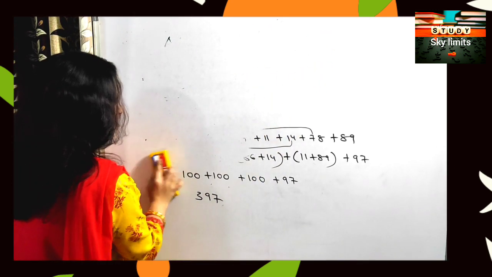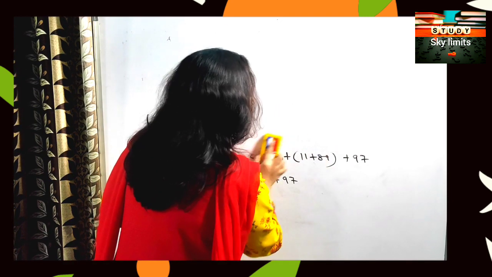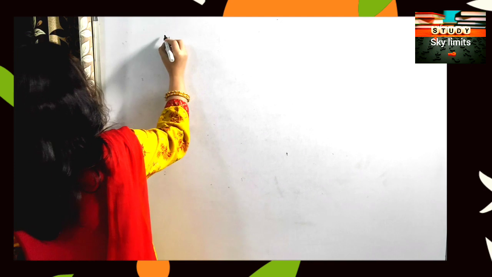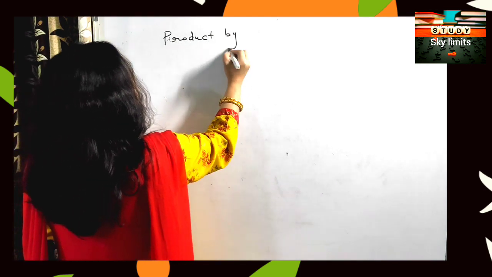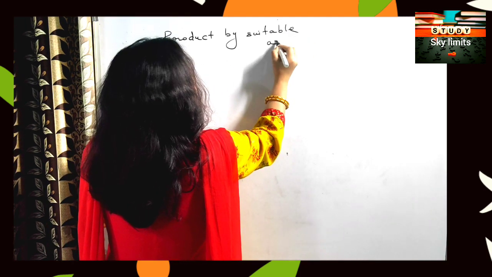That is multiplication by suitable arrangement. There you will use the associative property of what? Multiplication. Okay? So let's come to find the product by suitable arrangement.